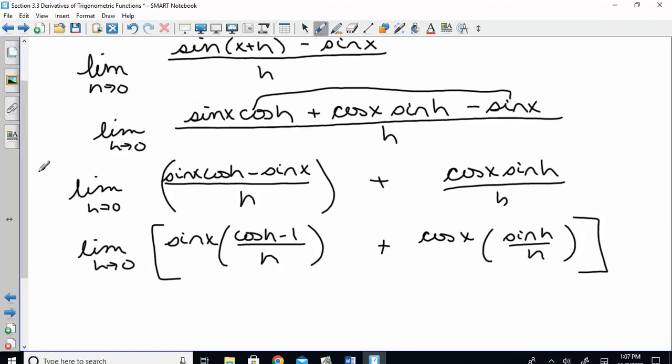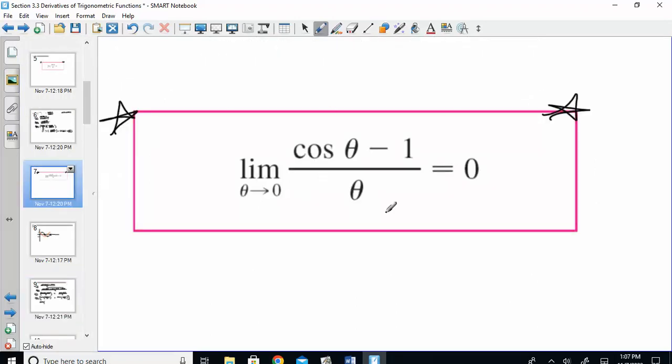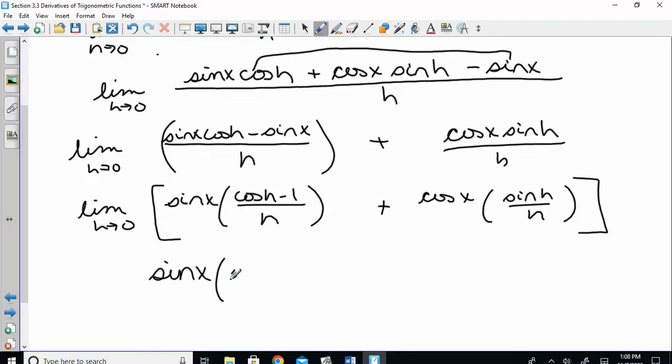Because we know with our limits, we could do the limit of each piece individually. Sine x doesn't have an h in it, so it's just like a constant in terms of our limit. The limit as h approaches 0 of cosine h minus 1 over h, what is that? That's equal to 0 from that theorem that we worked out at the beginning.